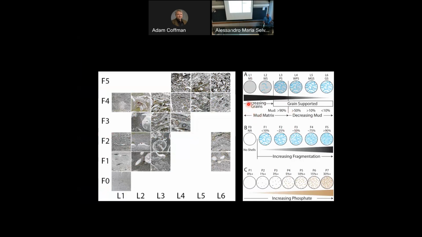And in this case, we have increasing grains until the grains are touching each other. So that's the first classification, mud, wackestone. Then packstone is when the grains touch each other, but now there's still mud. And then after that, the mud starts to wash out, and this is just a pattern that is seen, right?